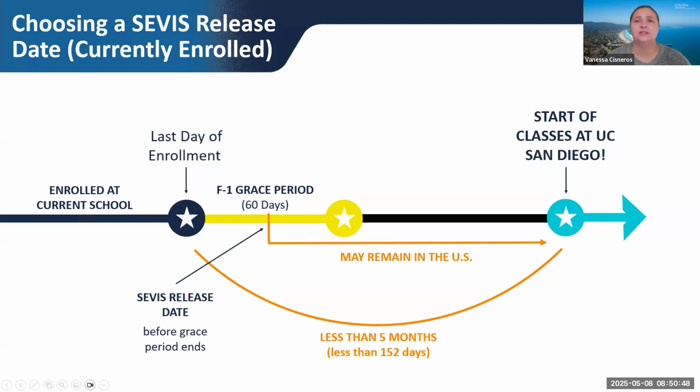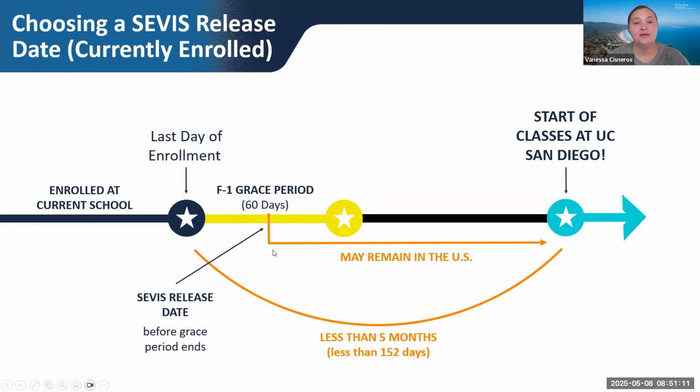But this is really useful in thinking through when you want to select a SEVIS release date, at what point in that grace period. Once you decide on a SEVIS release date and follow your current institution's process for requesting the SEVIS transfer, your current school will release your SEVIS record to UC San Diego on the date that you have chosen.